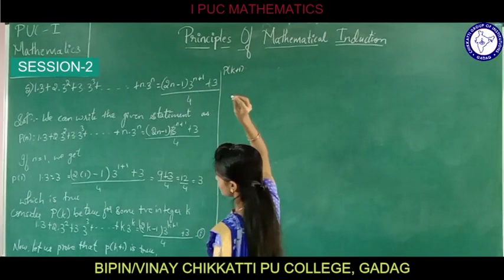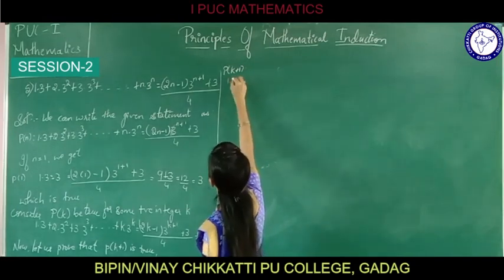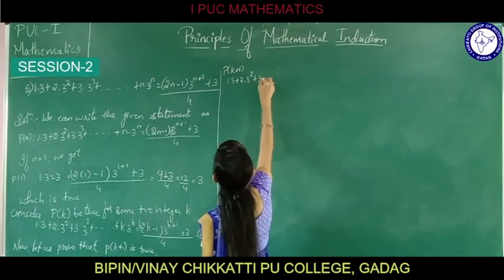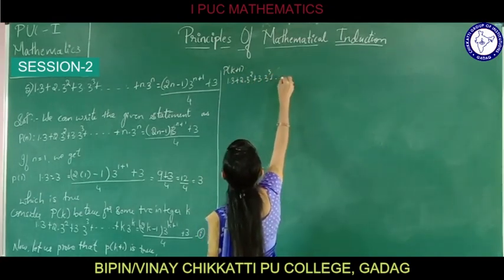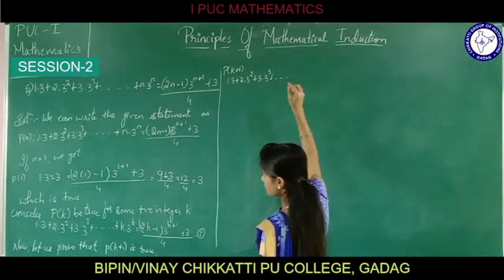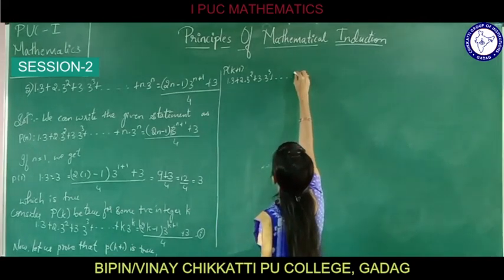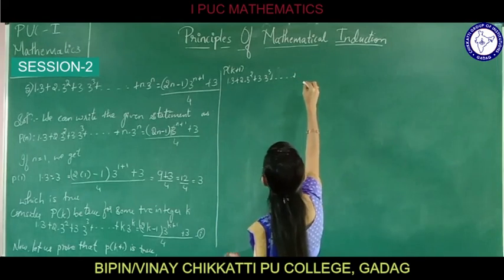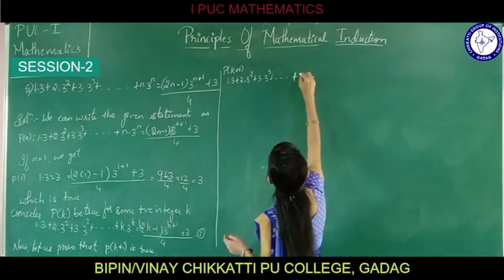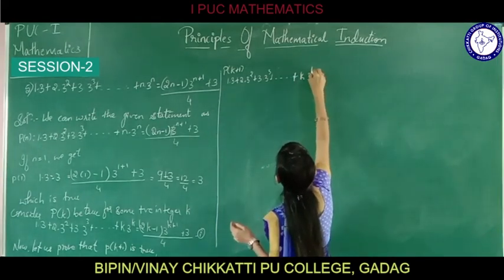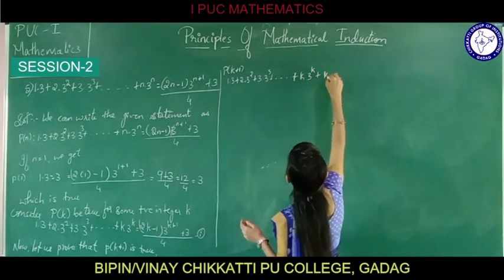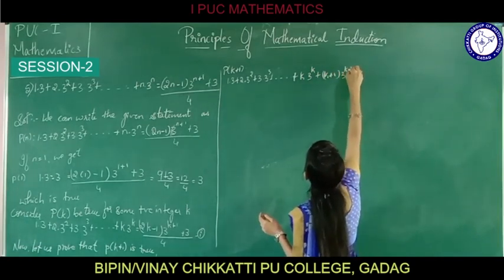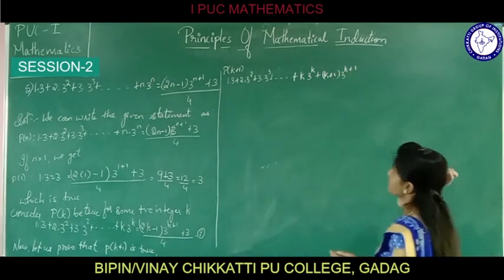Then what are you going to get? It is 1 into 3 plus 2 into 3 square plus 3 into 3 cube plus so on up to k into 3 raised to k plus k plus 1 into 3 raised to k plus 1.